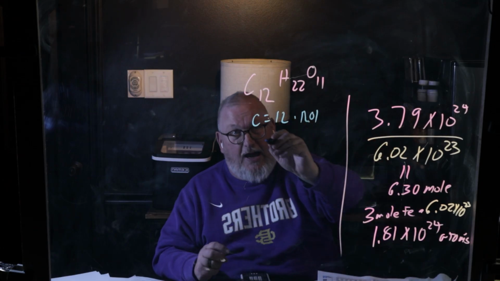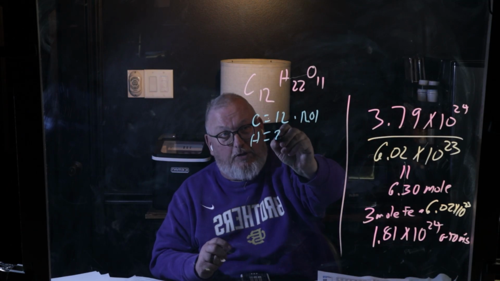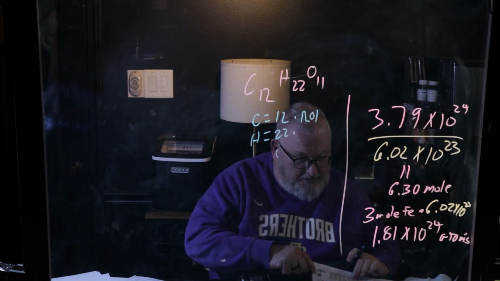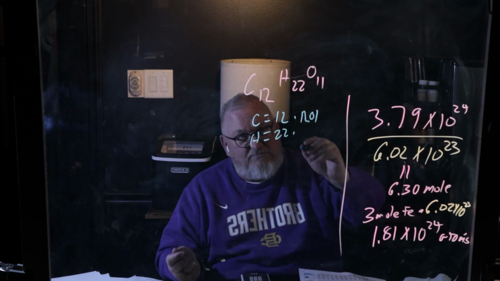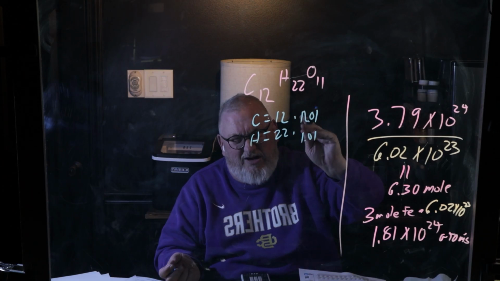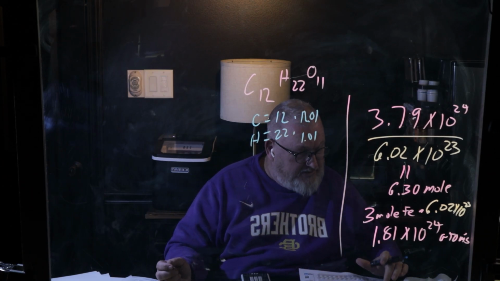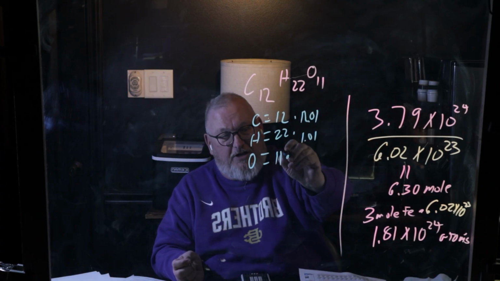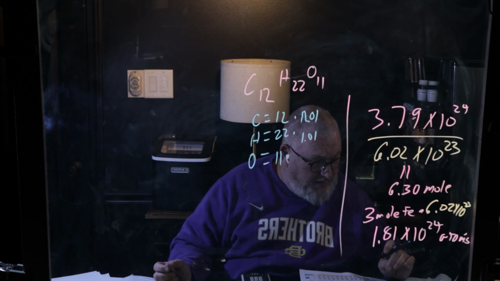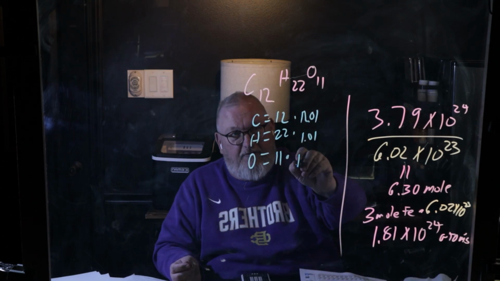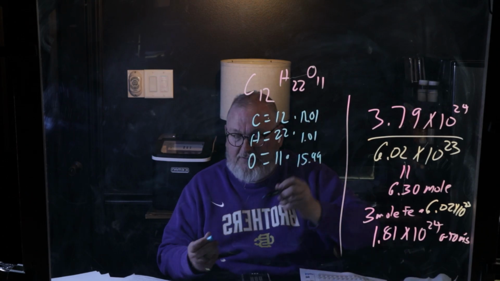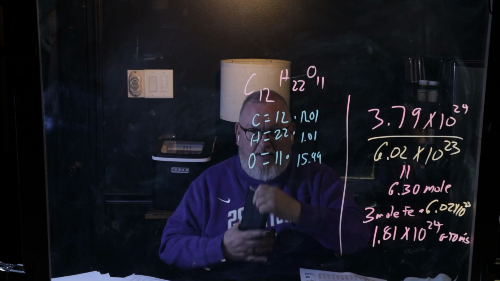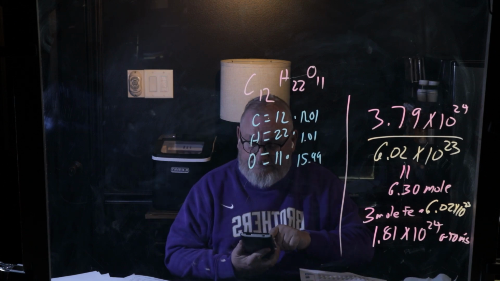Hydrogen: I've got 22 of those times 1.01, good enough for government work. Oxygen: I have 11 of those times 15.99.